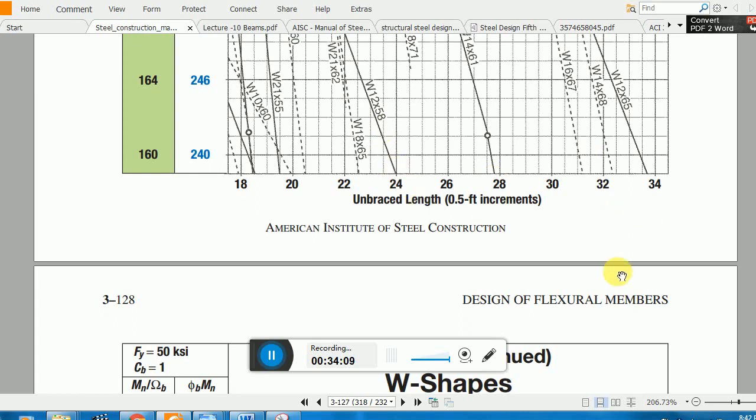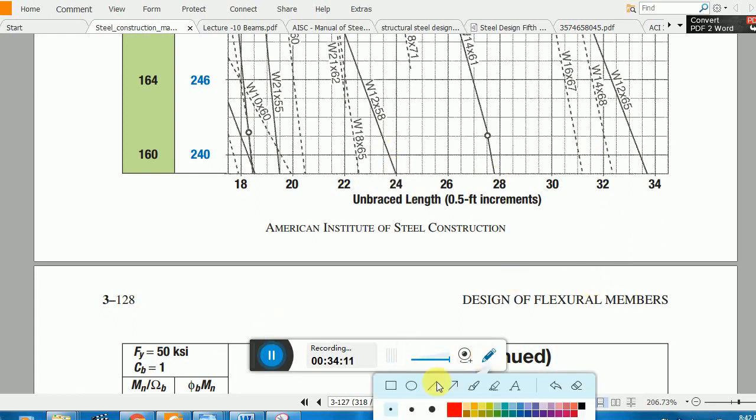We have to draw one line downward from 32 feet and another line in this direction, and they do not coincide within the range of the page. So if you can extend and coincide them, it is a kind of interpolation. Take the point from the intersection of these two lines and extend that line here, and you reach your required value of Mn.